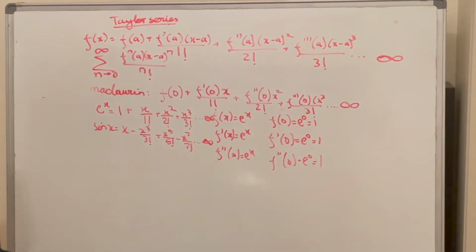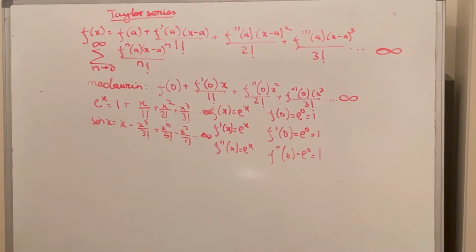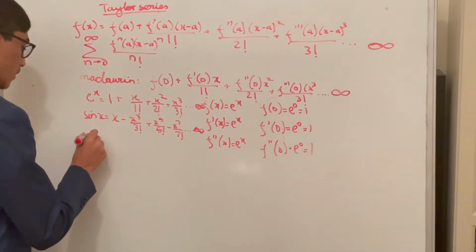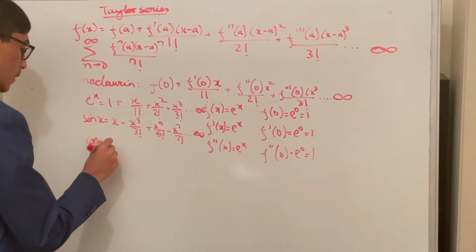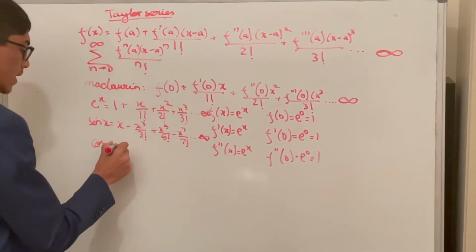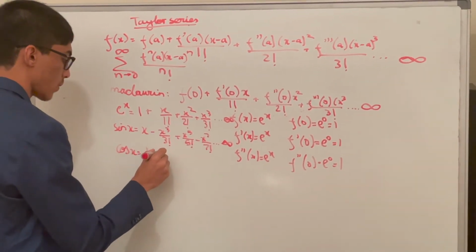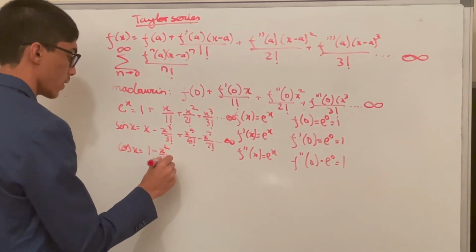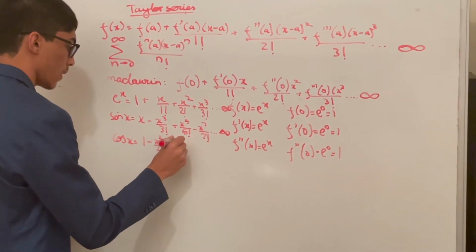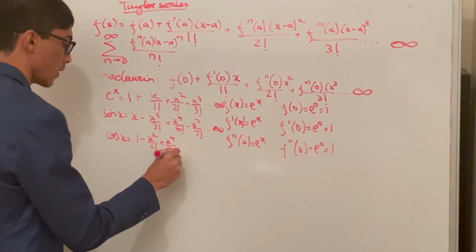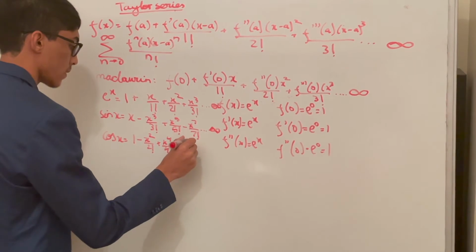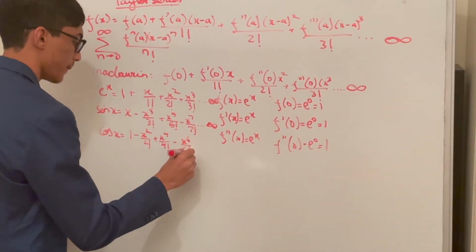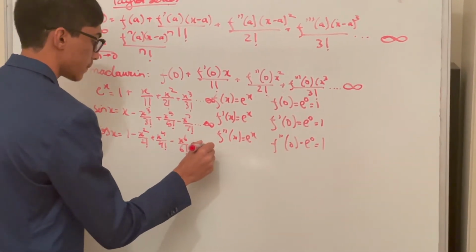And sine x is an example of an odd function. Cos x, on the other hand, has an expansion of 1 minus x squared over 2 factorial plus x^4 over 4 factorial minus x^6 over 6 factorial, again to infinity.